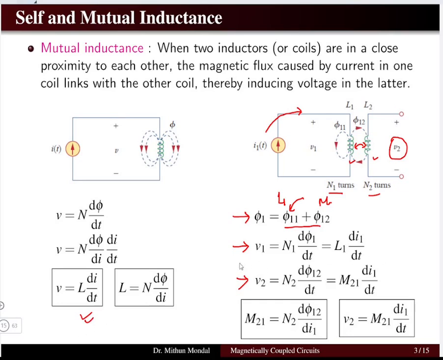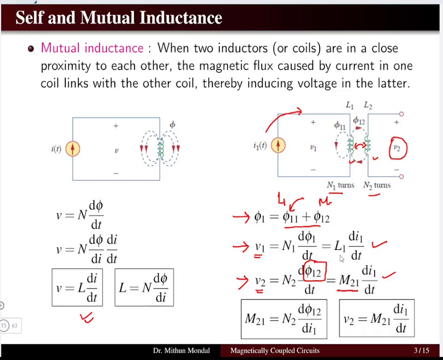Then the voltage induced in the first coil will be L1 dI1 by dt, whereas the voltage induced in the second coil is a result of the mutual flux linking the first coil and the second coil, and hence we have a term M21, which is the mutual inductance. Otherwise, conceptually the voltage remains the same.